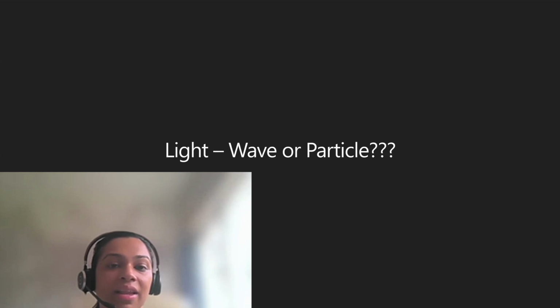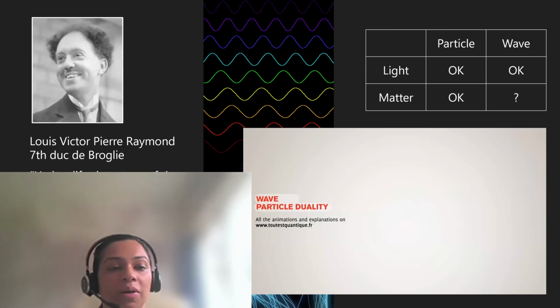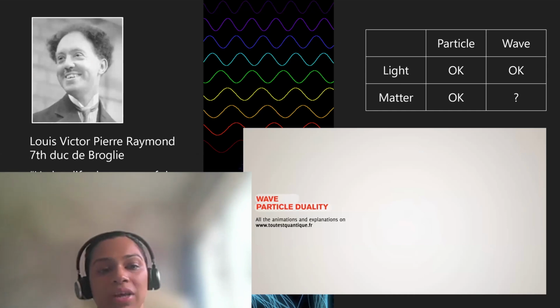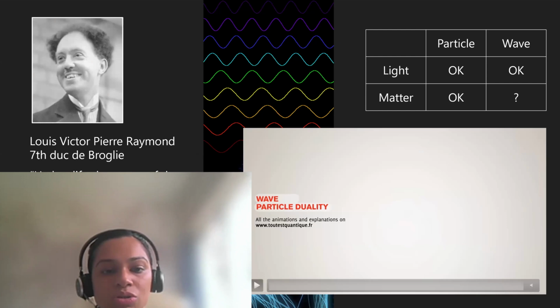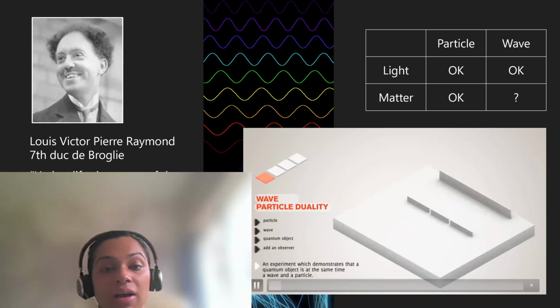And then what happened was, as you see, Louis de Broglie, in 1924, did an experiment which said it's not just light that behaves like this, but it is also every particle.